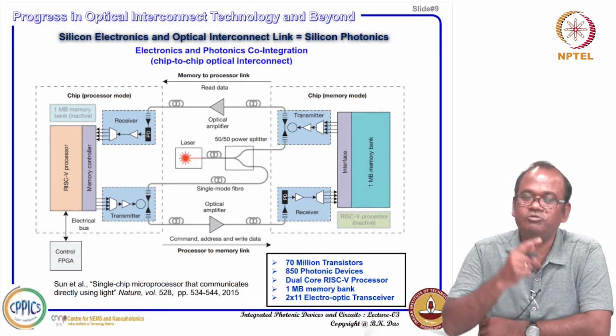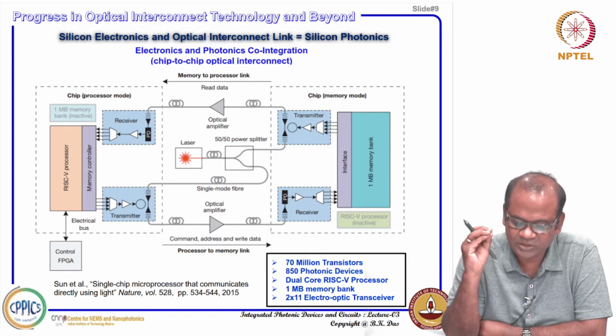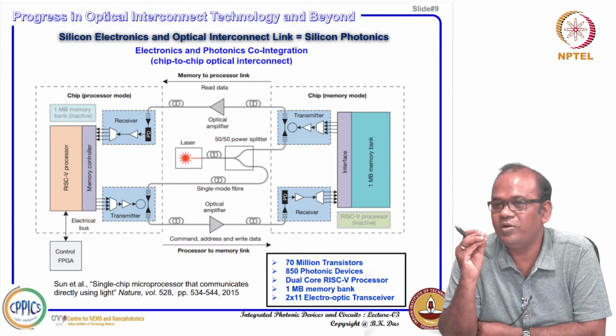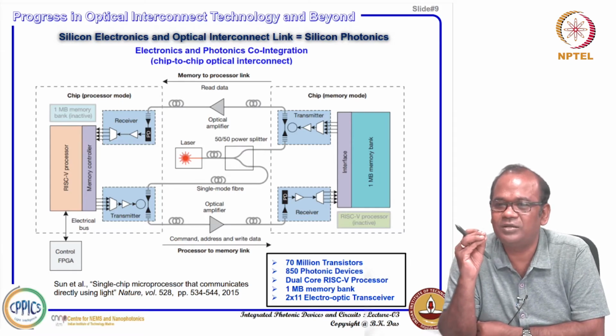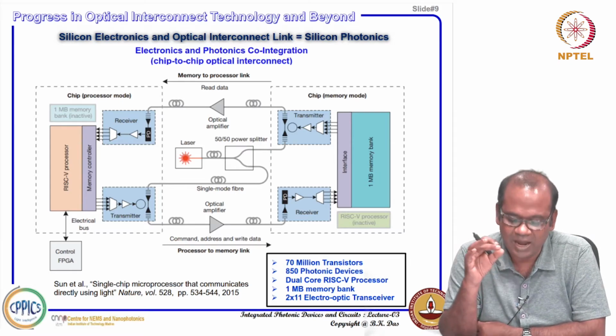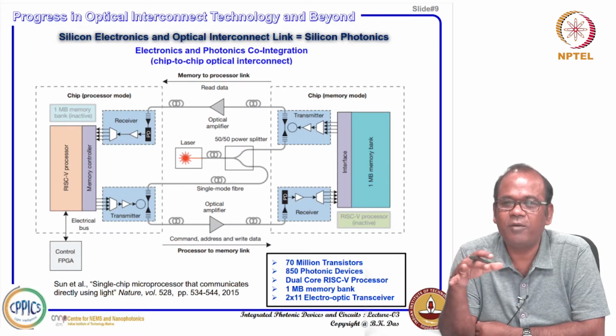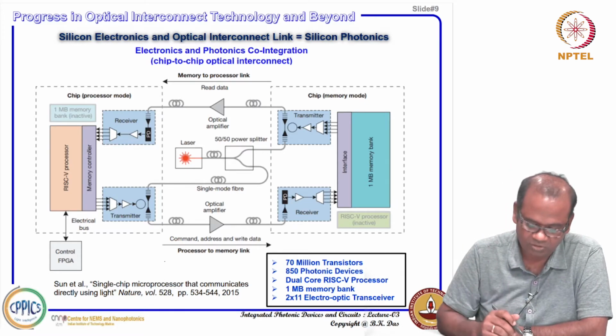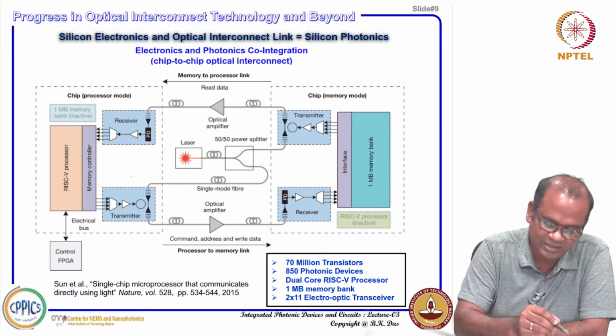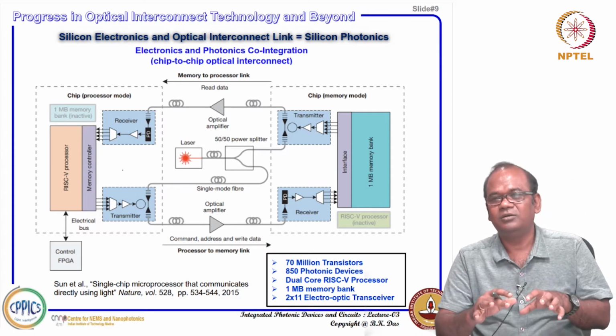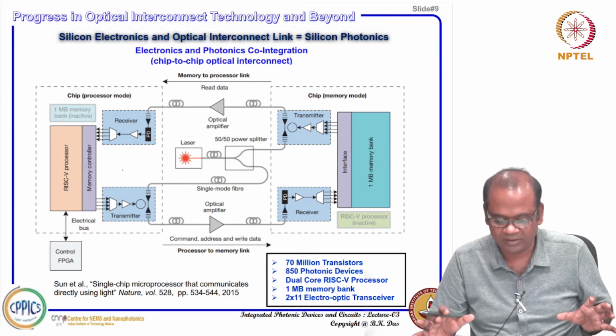Okay. So, this co-integration is still a challenge, people are demonstrating, but before that, for chip to chip communication, the first demonstration was in 2005, where they did co-integration, but not for on-chip interconnect.